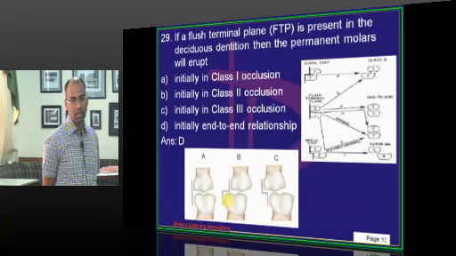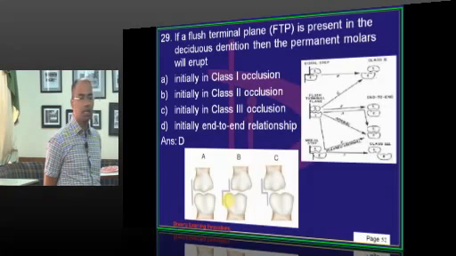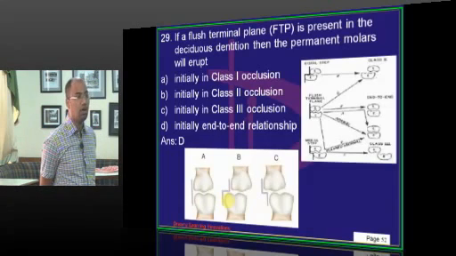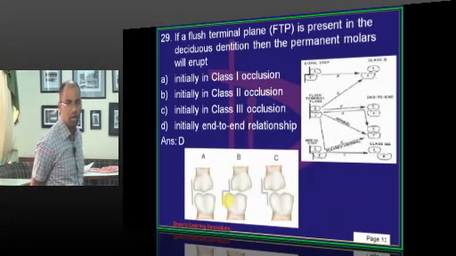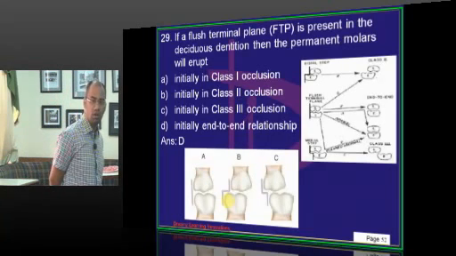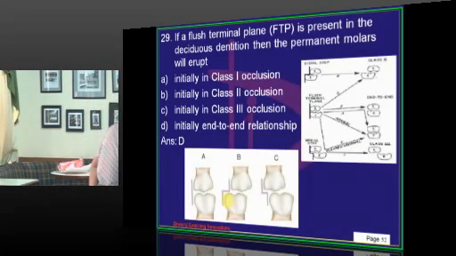Now how will they go into a class 1 molar? It is by utilizing the early mesial shift or late mesial shift, by using your primate spaces or your leeway space of Nance. Okay. Whenever there is a distal step, as I told earlier, the lower dentition is far behind, distally placed to the upper dentition.